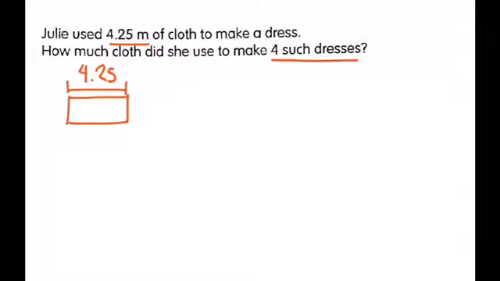We are looking for 4 dresses, and she used 4.25 meters to make a dress, or one piece of dress. So in this given problem, we would be needing 4 units of 4.25. So that would mean you're supposed to have 4 equivalent units.